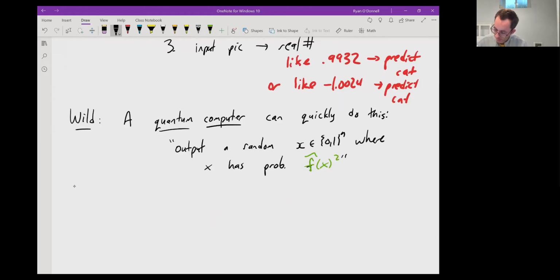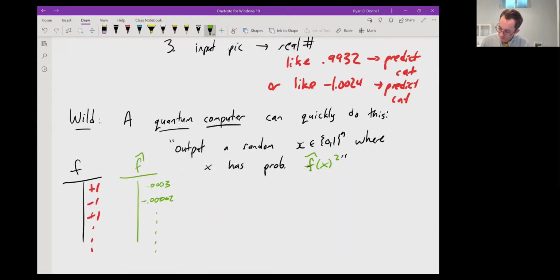So if you have some function f, it's got all these values, +1, -1, +1, and so on. The Fourier coefficients are some numbers, like 3, minus 0.00002, and so on. And we know that if we square these numbers and add them up, we get 1. And if you have a quantum computer, you say, quantum computer, go.